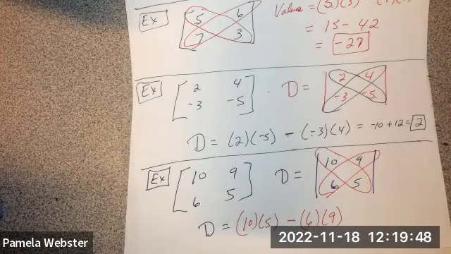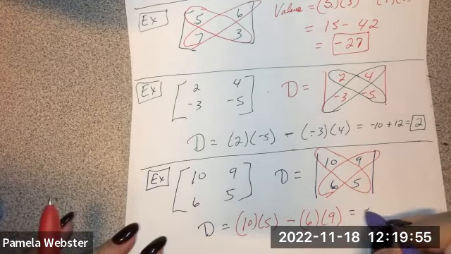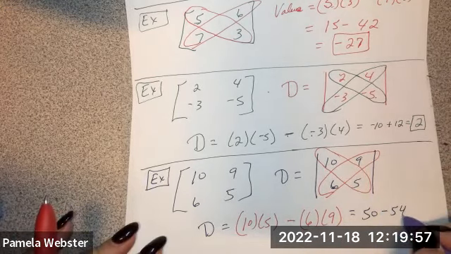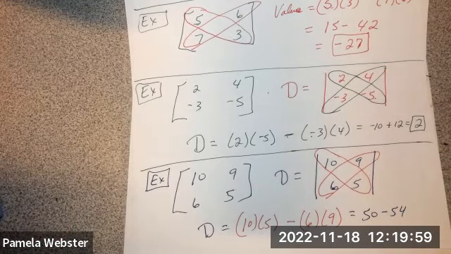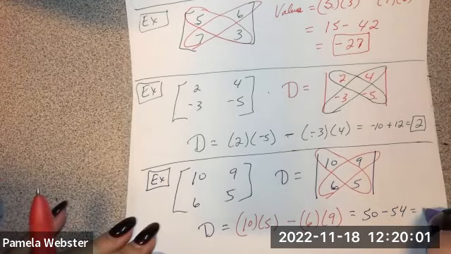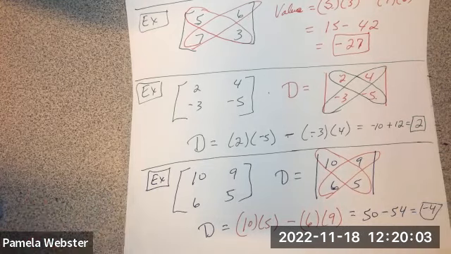So when I look at it, I say I'm going to do 10 times 5 minus the 6 times the 9. Well, that is 50 minus the 54. Everybody agree? And 50 minus 54 is a -4. All right. Everybody good?